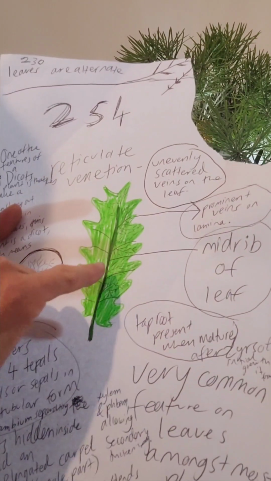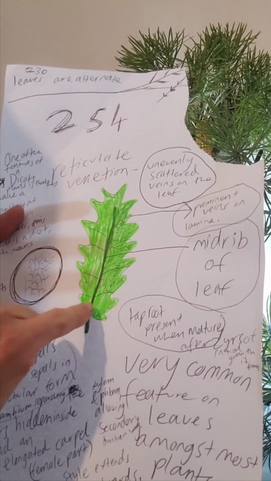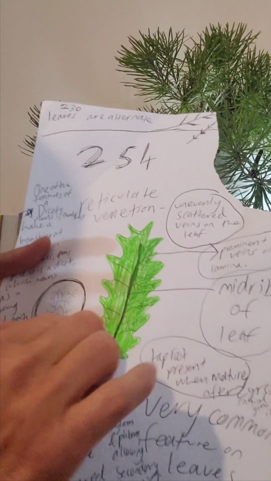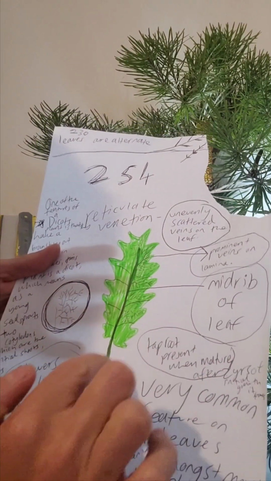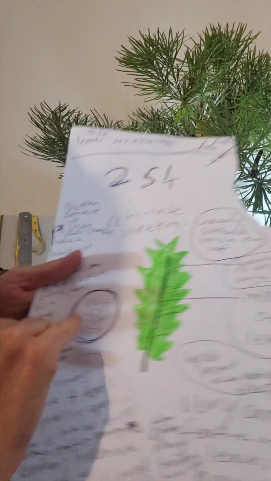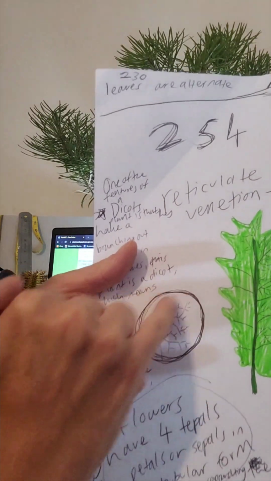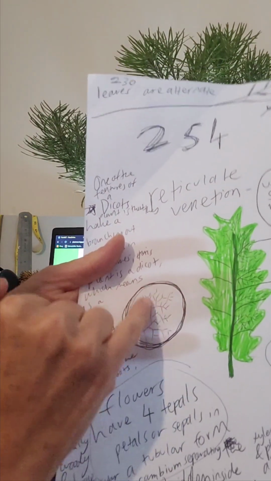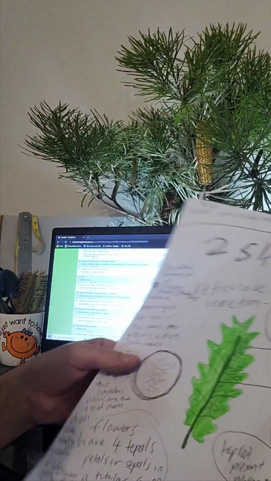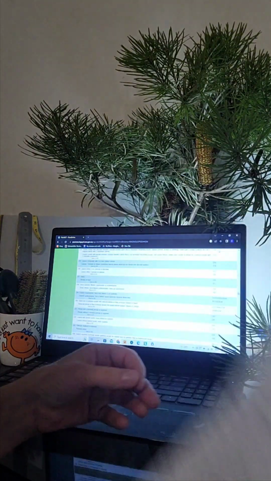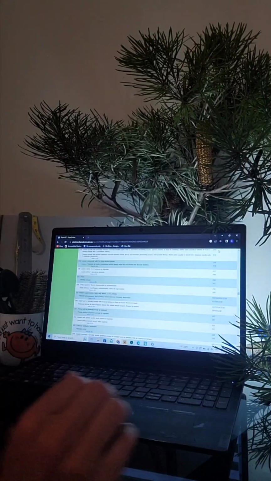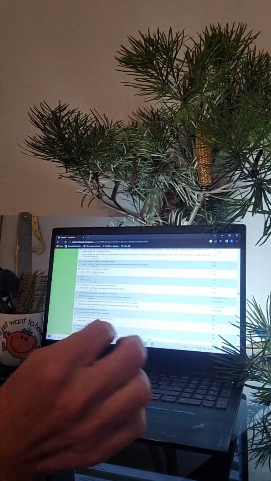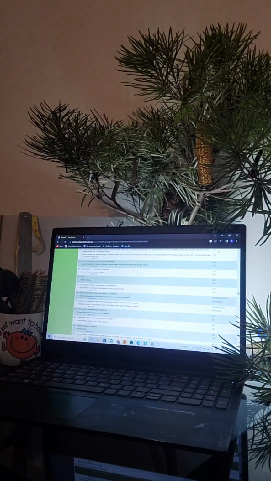If you can see this, you've got the prominent veins on the lamina and midrib of this leaf, and you've got all these little scattered veins. This is called unevenly scattered veins on the leaf, reticulate venation. Parallel venation is when they're very straight on the leaf. So this is reticulate venation.